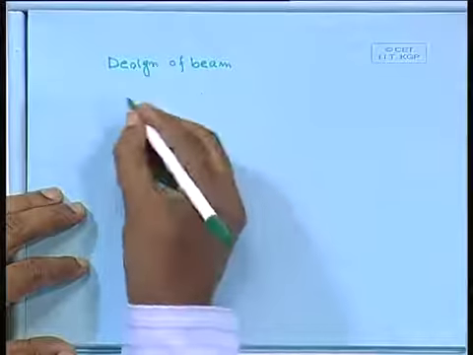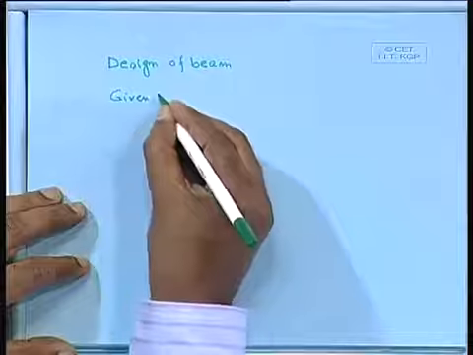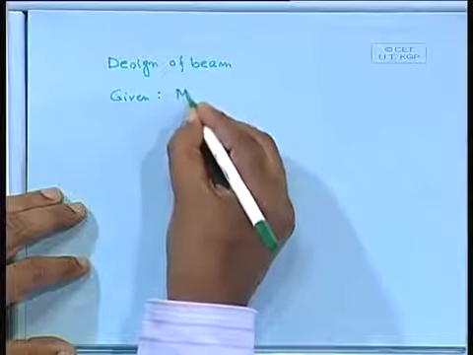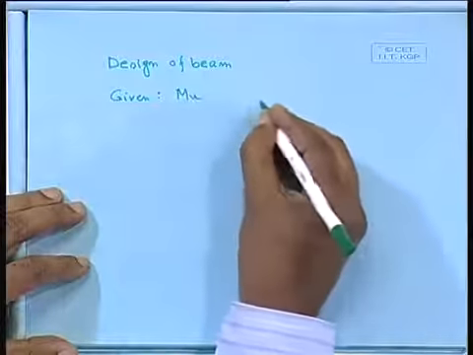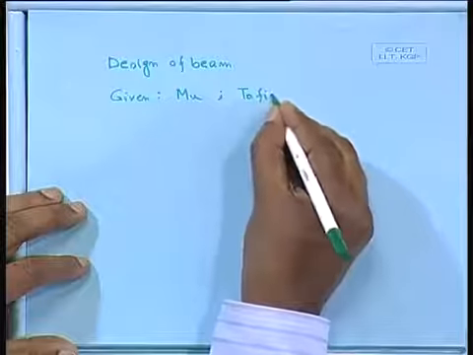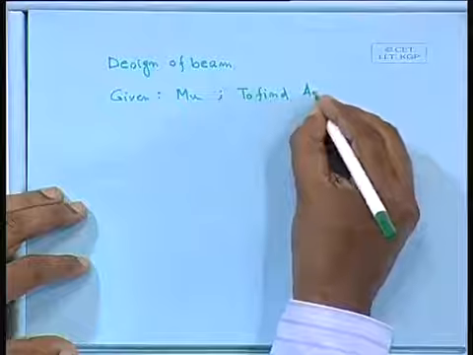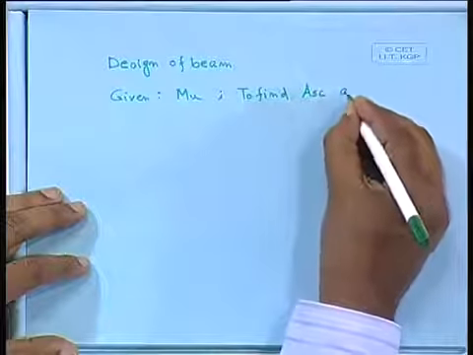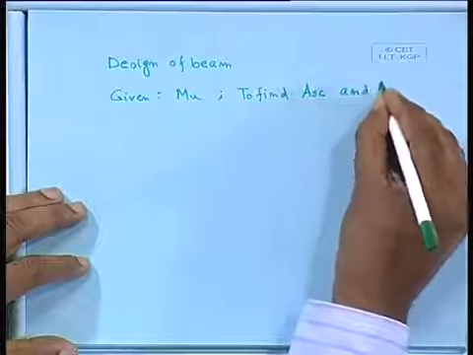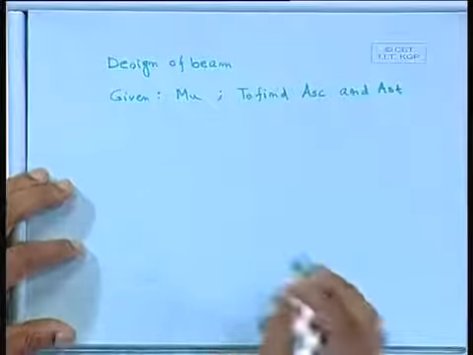Here, given Mu, we have to find ASC and AST, the area of steel in the compression side and the area of steel in the tension side.